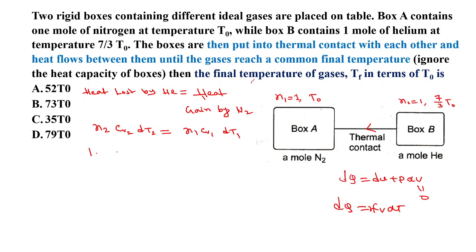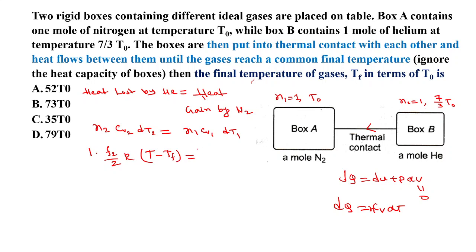And we know Cv is f by 2 R, where f is the degrees of freedom, into dT2. What is dT2? The change in temperature of helium. The initial temperature is T, and they will come to the same final temperature, that will be TF according to the question.